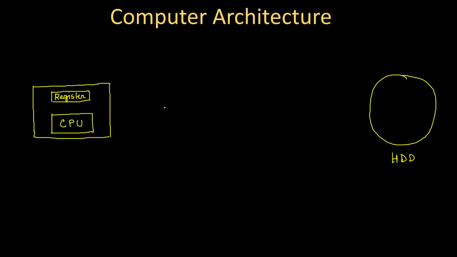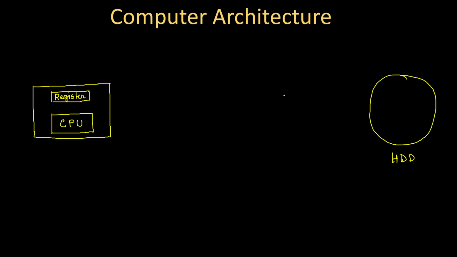Now, what do we know, that this CPU is very fast, but this secondary memory is very slow. That's why if the CPU wants to communicate with this particular secondary memory, since it is too slow, if you want to make a system or a programming execution faster, it's not possible to communicate directly with this hard disk drive.